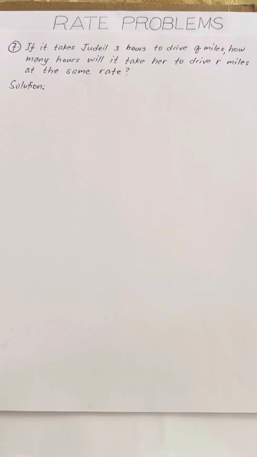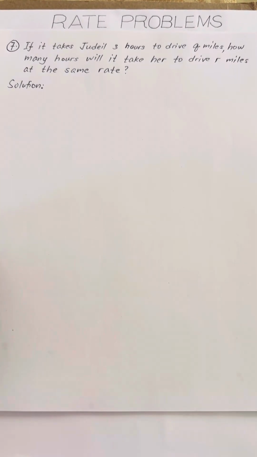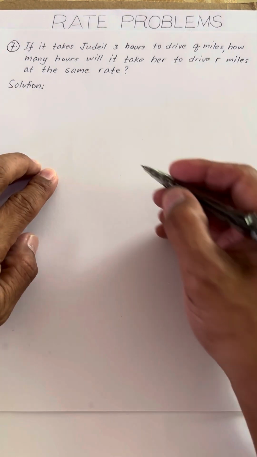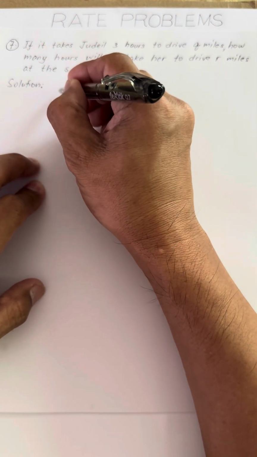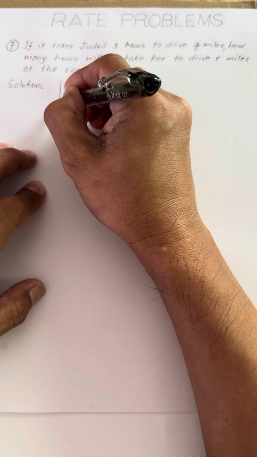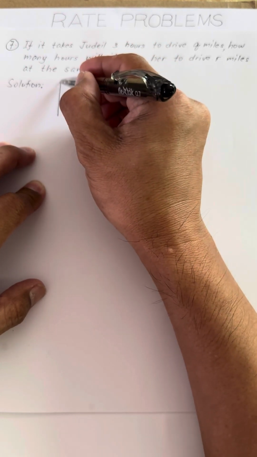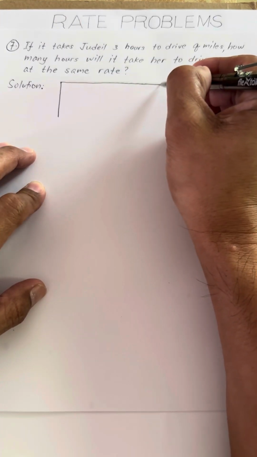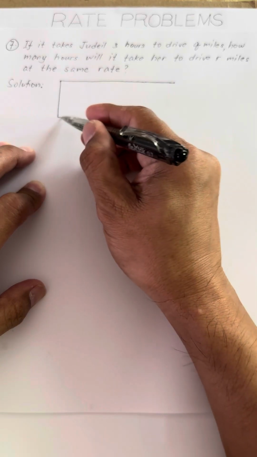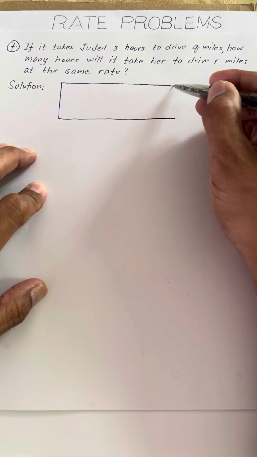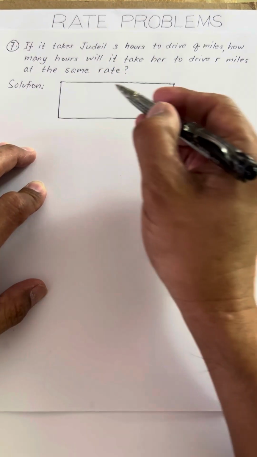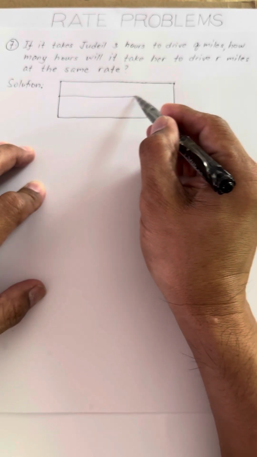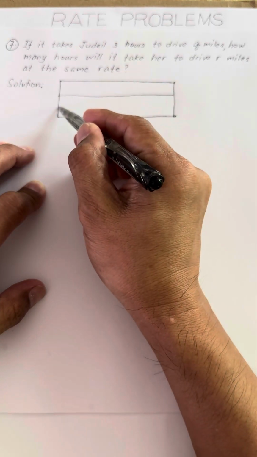Okay, so again, we'll just use the 3x4 table. So it means 3 rows and 4 columns. Okay, so this is our rows.